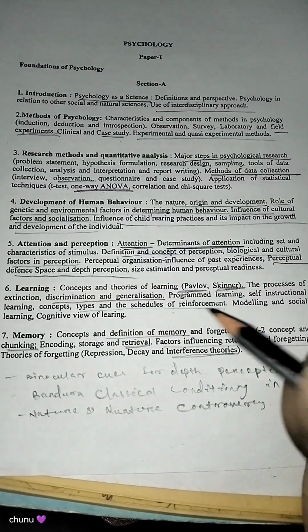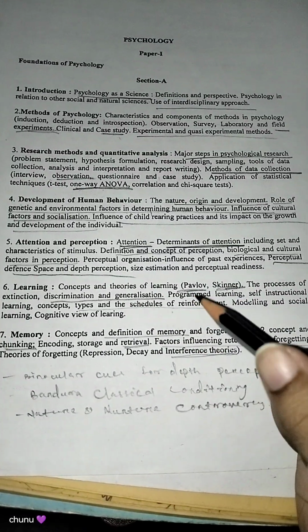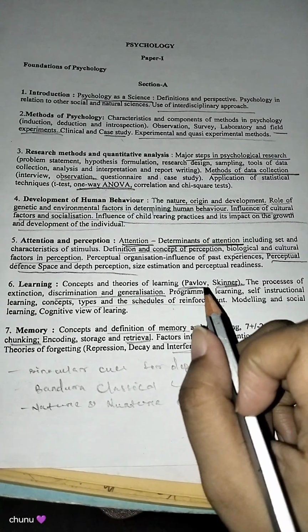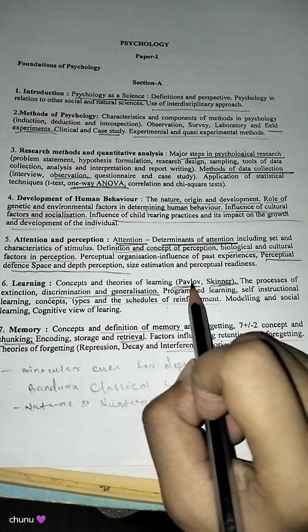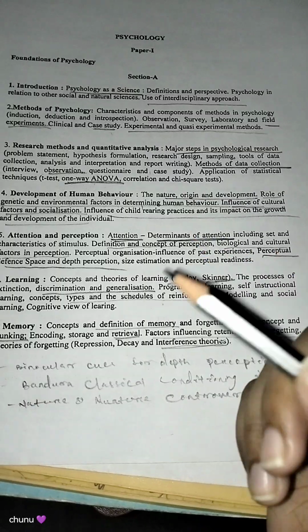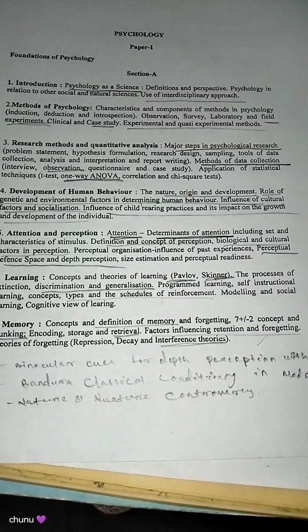Learning is basically the concept of theories like Pavlov and Skinner. It's a very important theory given by Pavlov and Skinner. Pavlov gave the theory, basically called, I just forgot the name.